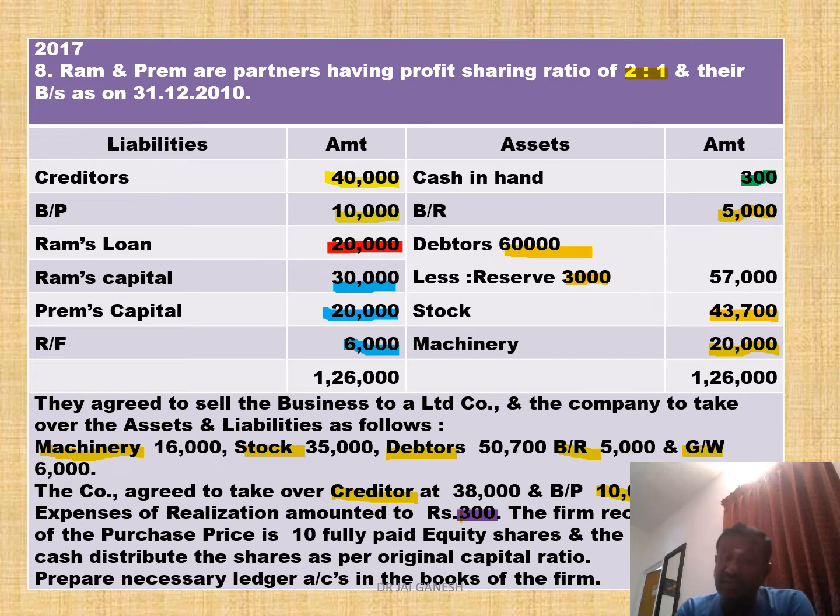Whatever is the PC, 40,000 rupees is paid in the form of equity shares and the balance is paid in cash. So it's partly equity share and partly cash. And specifically they mentioned to distribute these shares as per original capital ratio, which is 3:2. Prepare ledger account in the books of the firm.